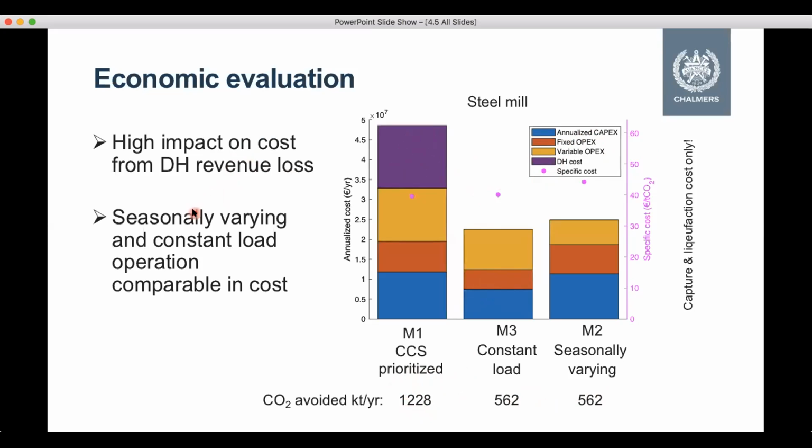And the second takeaway here is that the seasonally varying load operation is also quite comparable. It is a bit higher, but comparable to the constant load operation. And that is mainly because it has a larger CapEx, the same size as this M1 case, but it has a lower variable OpEx because here more natural gas is combusted.